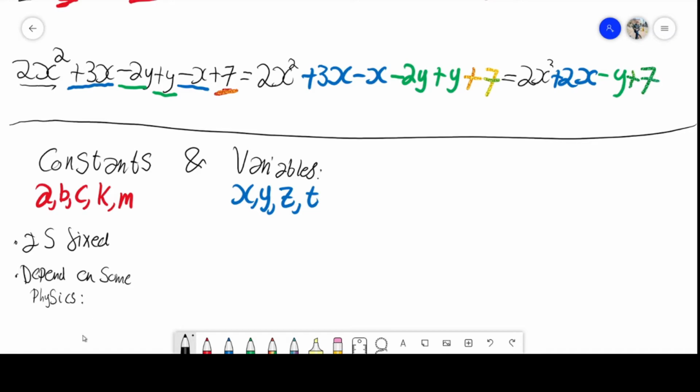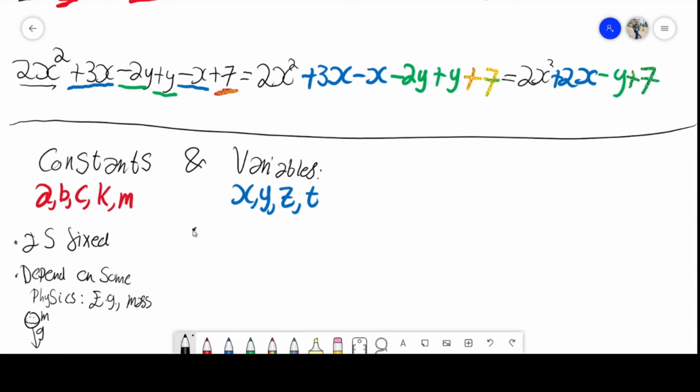So, for instance, this could be mass. If you have some sort of situation in which you have a ball which is falling under gravity, apparently at a fun angle, then it's going to be of a constant mass m, you assume. So that would be one instance in which you're using your constant m.